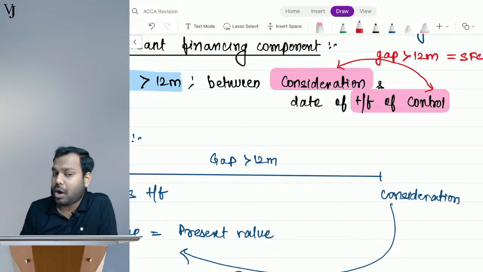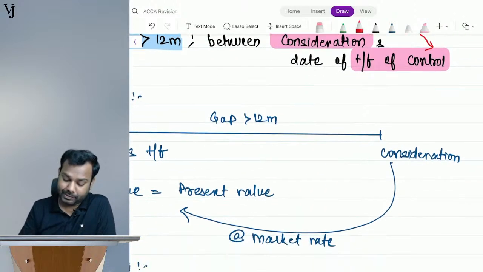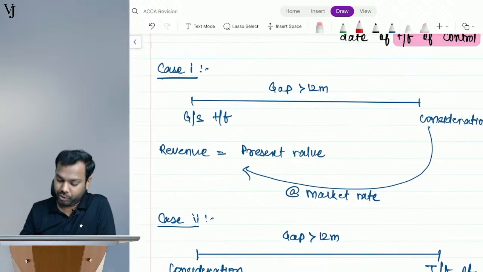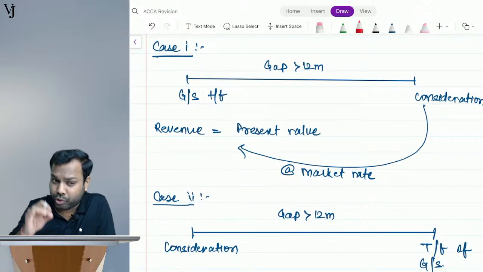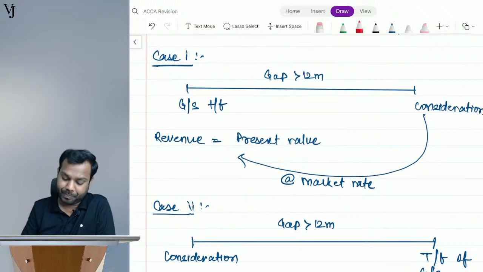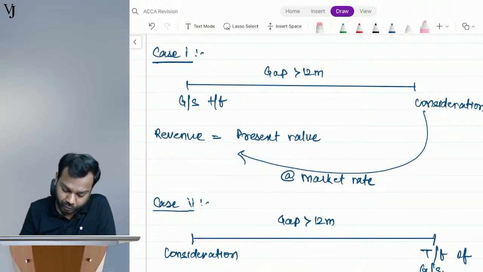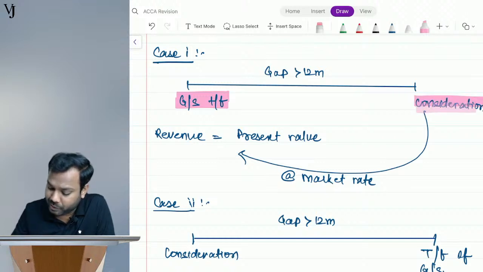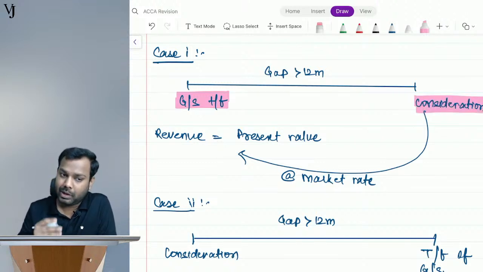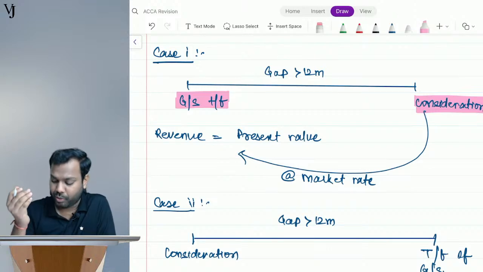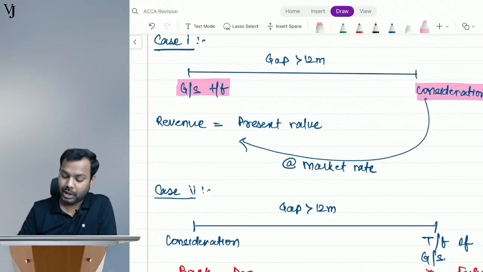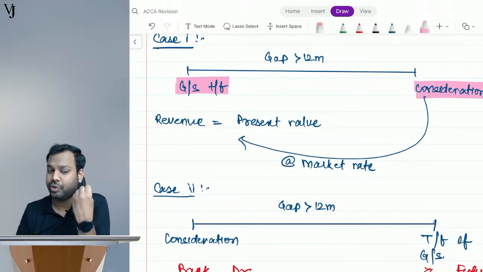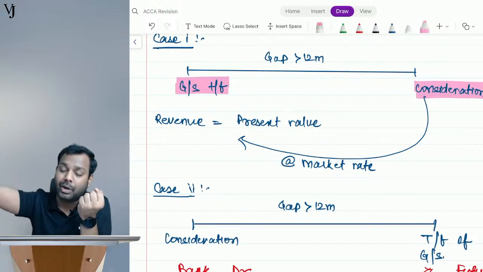Now comes the question, how to do the accounting for that. We also have a question on this one and we will take it up in the class. Let's suppose we have transferred the goods or services here and we will receive the consideration here, and the gap is more than 12 months. How will I do the accounting? I have transferred the goods or services today, but I will receive the consideration after 12 months.